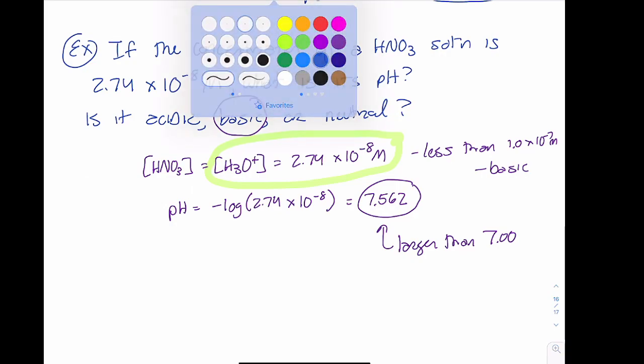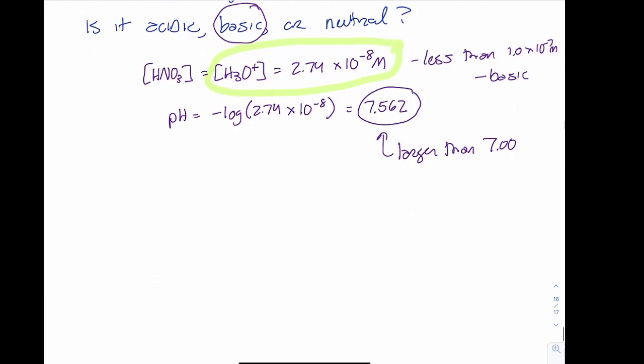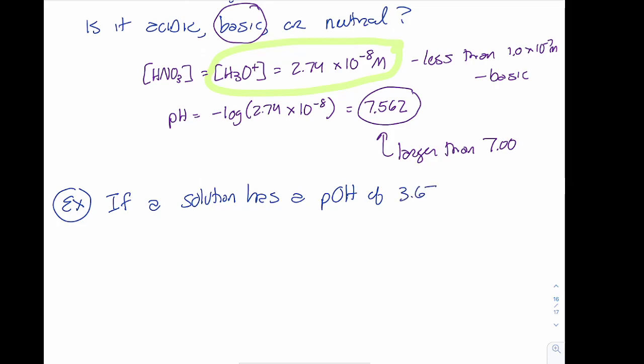One more example for you to try on your own. If a solution has a pOH of 3.67, what is the hydronium ion concentration?